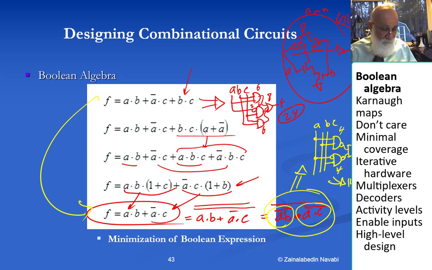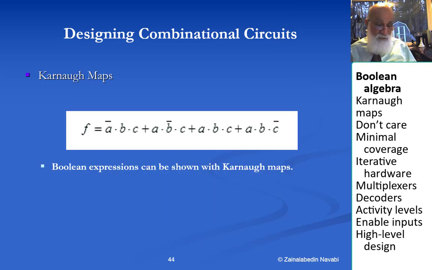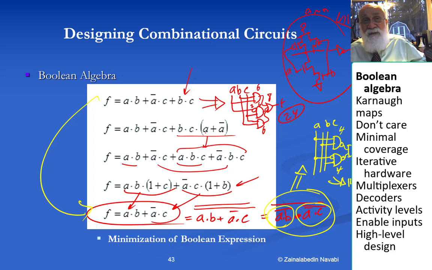The problem with what I did over here is that Boolean algebra is good, but the problem with Boolean algebra is you have to know the answer before you can do manipulations. When I look at this, how do I know B and C is the one that has to be expanded? Why didn't I expand A and B?